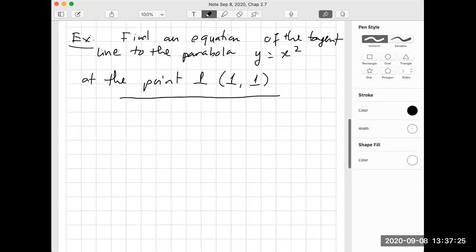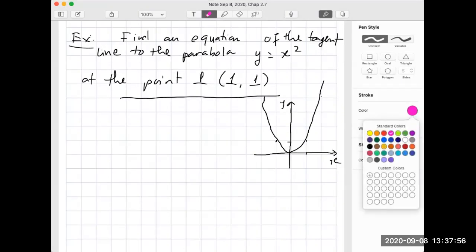Now, let me just remind you of the graph of this function. It is like this, right?